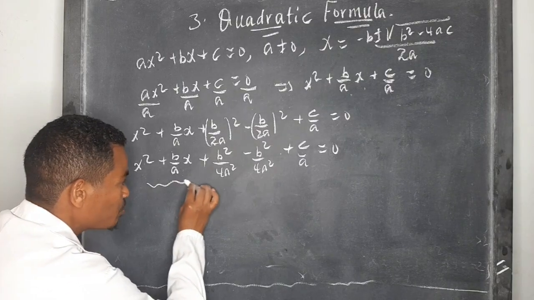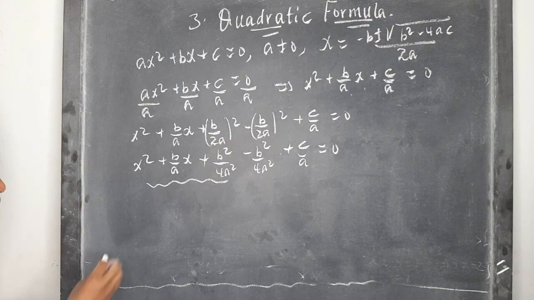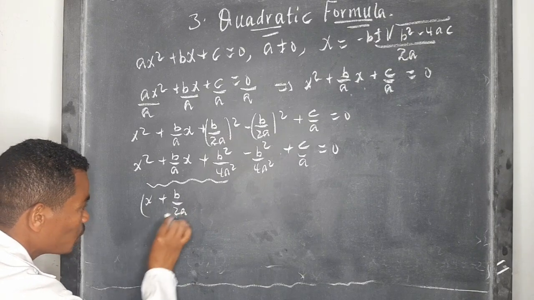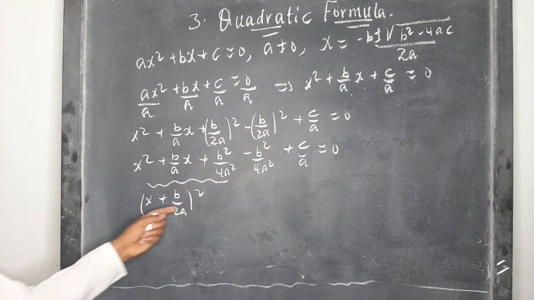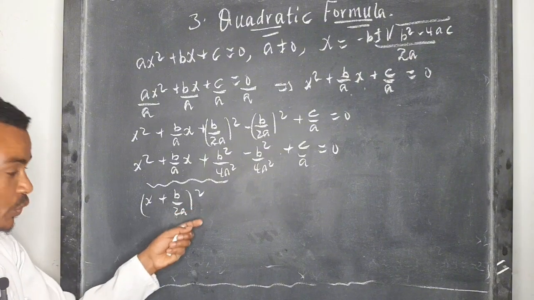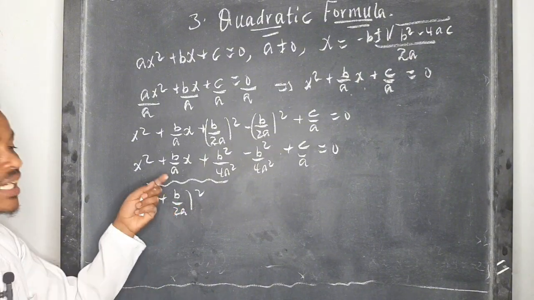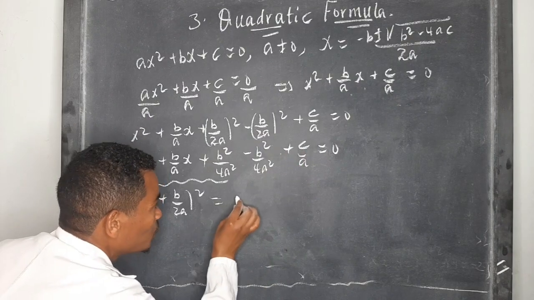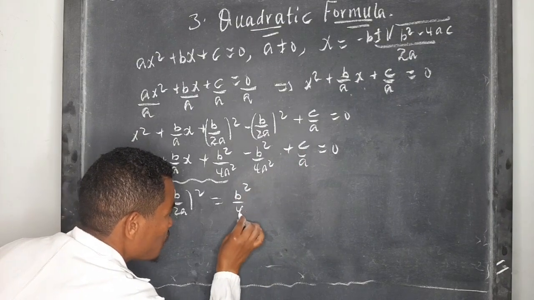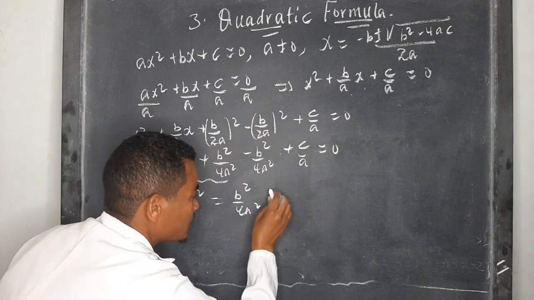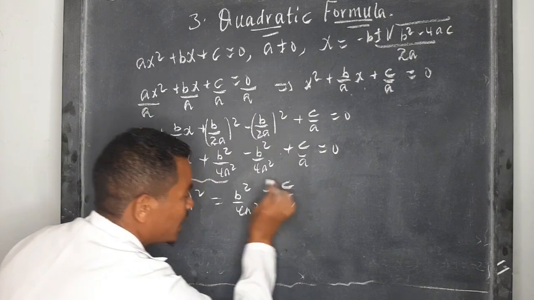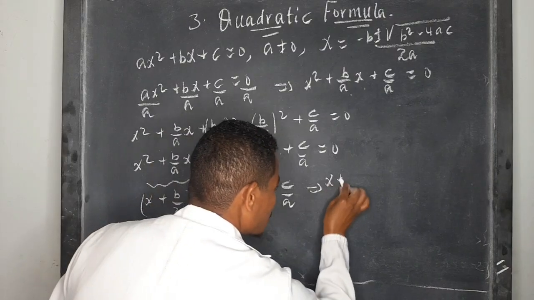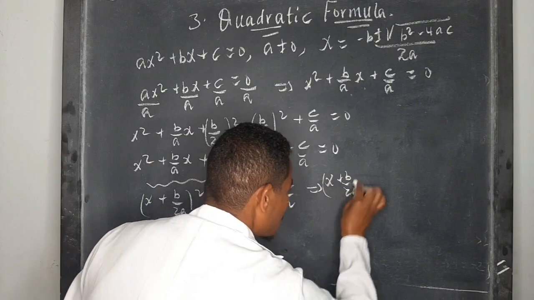This part is a perfect square: x plus b over 2a the whole square. x plus b over 2a the whole square means (a plus b) the whole square, a square plus 2ab plus b square. Transferring the rest to the other side, this is equal to b square over 4a square minus c over a.